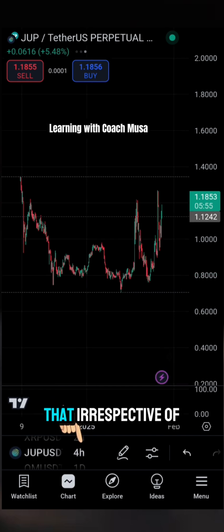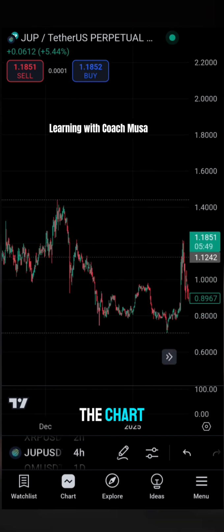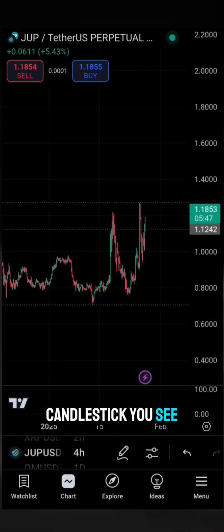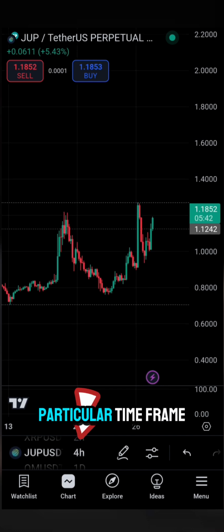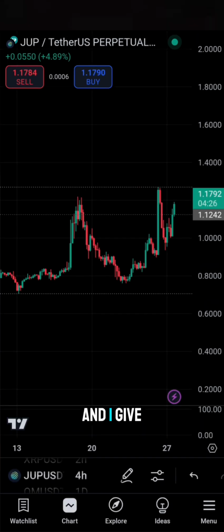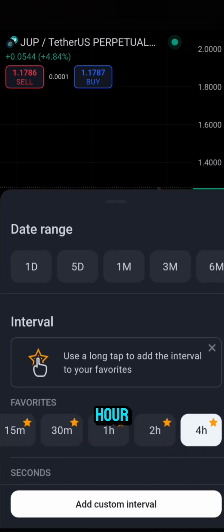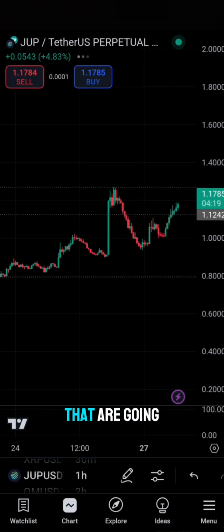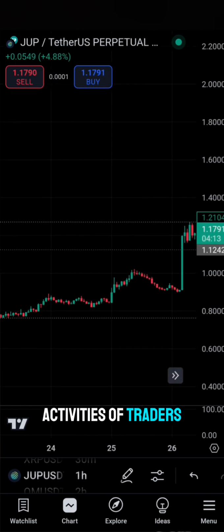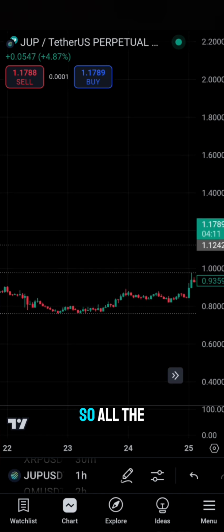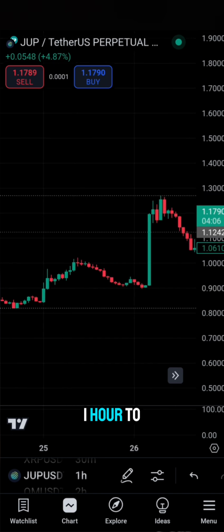And we said that irrespective of the time frame you choose on the chart, each of the candlesticks you will see displayed will be representing the activities of traders within that particular time frame. I gave an example that if your time frame here is showing 1 hour, all the candlesticks shown on the chart will be representing activities of traders within 1 hour each. So all the candlesticks you see on the chart would have taken 1 hour to completely build up.